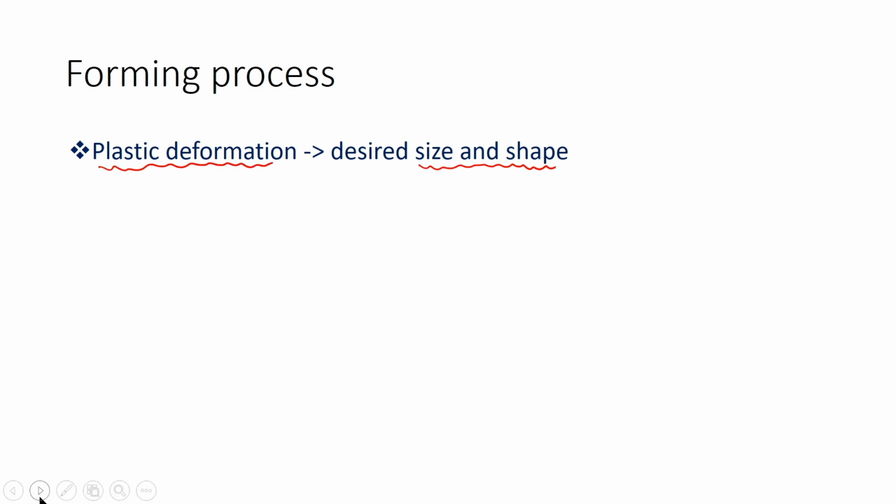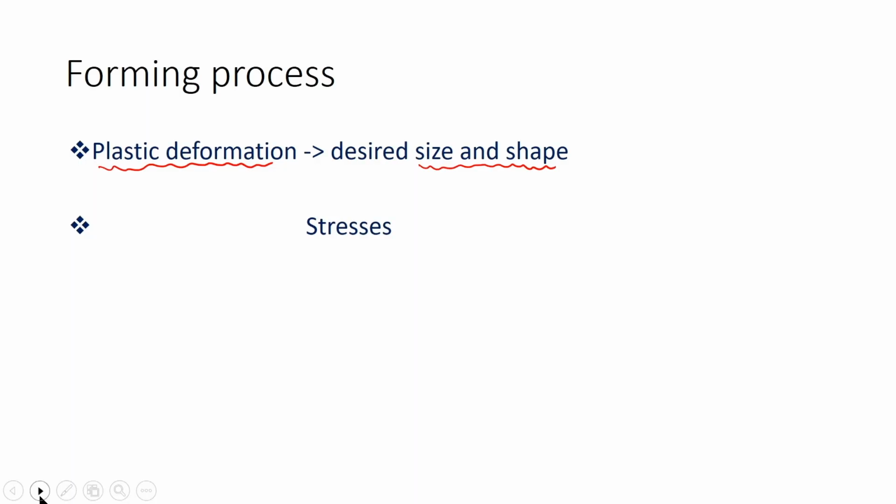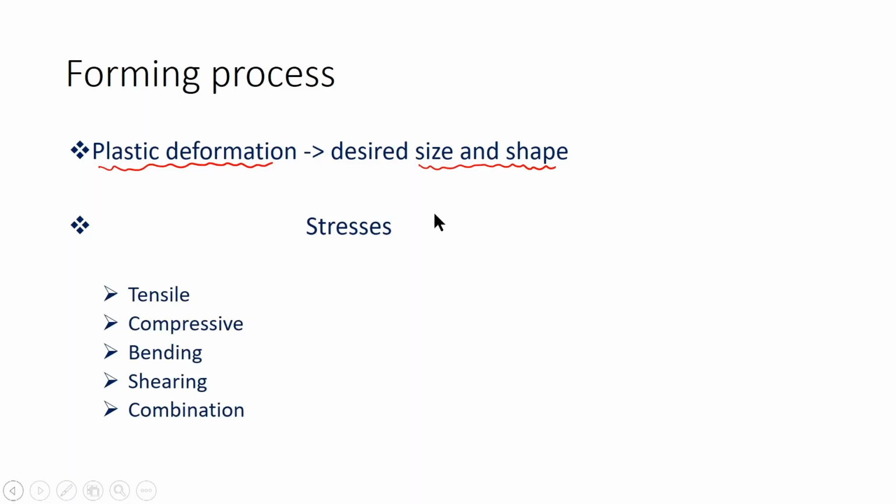So, what kind of stresses can we apply? We can apply tensile stress or compressive stress or shear stress or a combination of these stresses, but the stresses should be more than the yield strength of the material, and less than the fracture strength of the material.